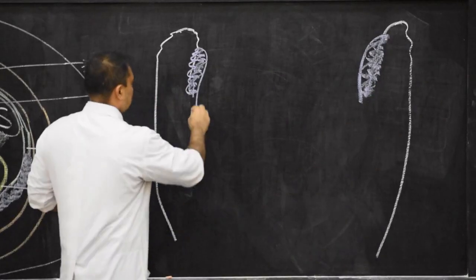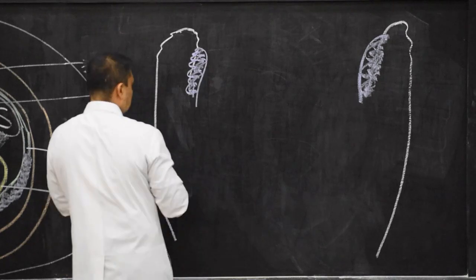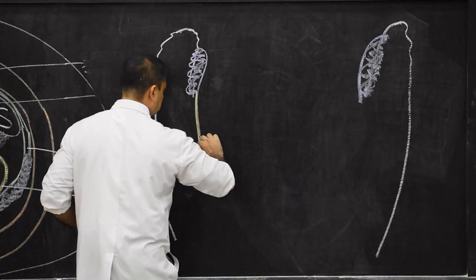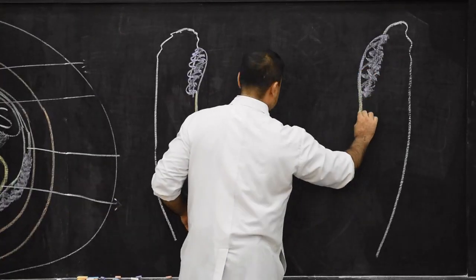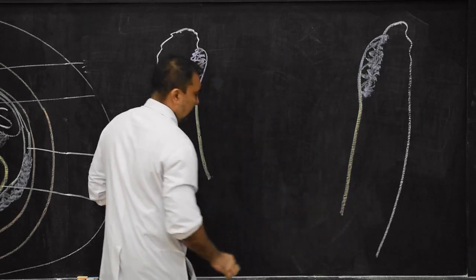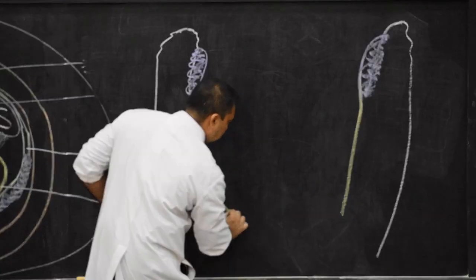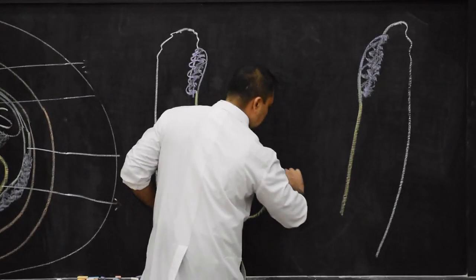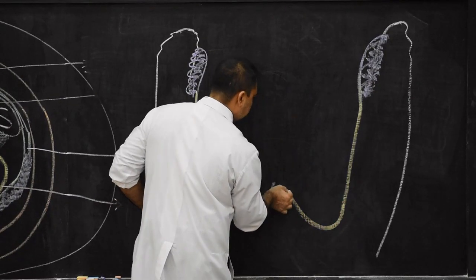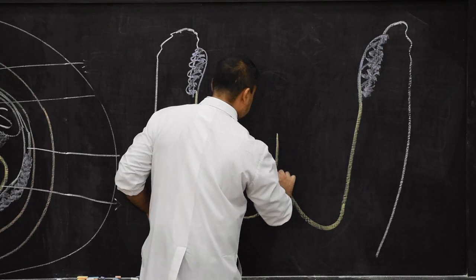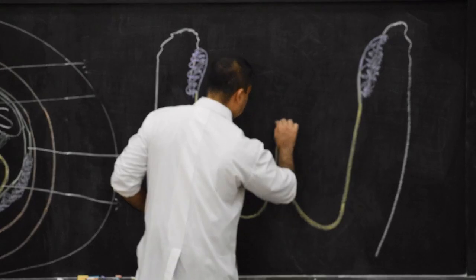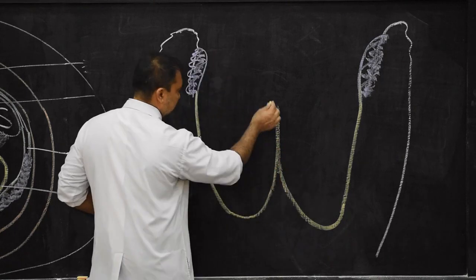And then we will cross here. This dentate gyrus will continue with the fimbria. Here also we will continue this with the fimbria. Then the entire fimbria will curve around as the posterior column of fornix. These two posterior columns of fornix will join and form the body of fornix, which I am drawing.